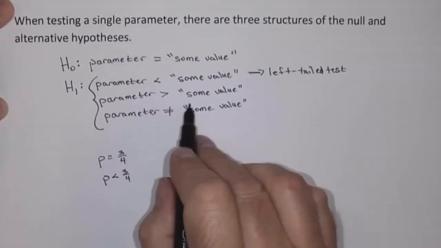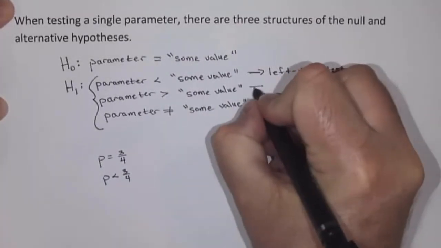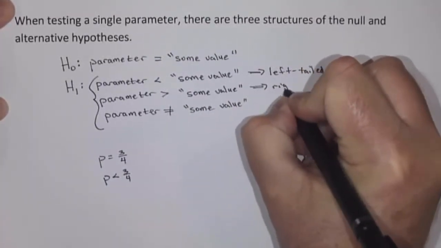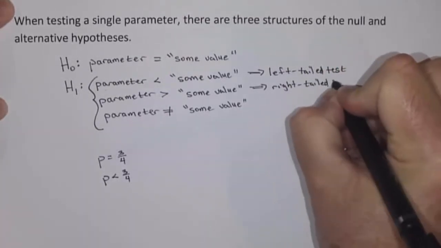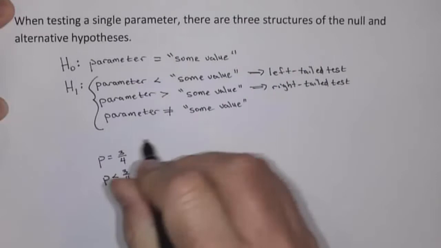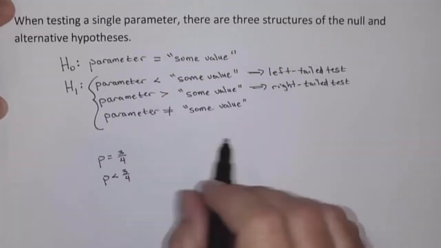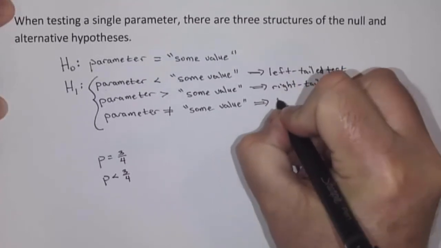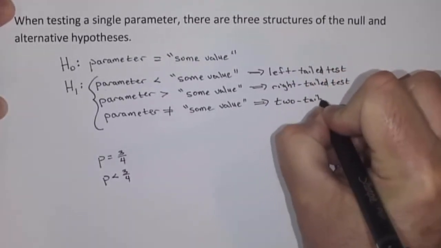But if the alternative hypothesis is that the parameter is greater than the value, then that's going to lead to a right-tailed test. And if the alternative hypothesis is that the parameter is not equal to the value, then that's going to lead to a two-tailed test.